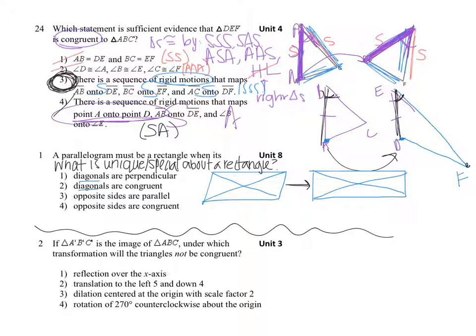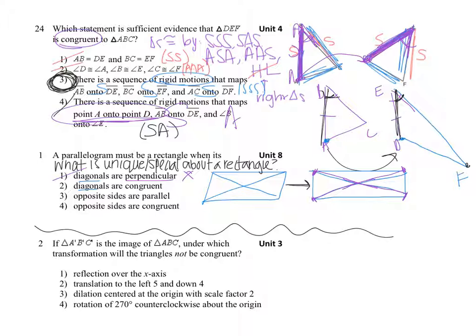So the first one says the diagonals are perpendicular, meaning where they cross, they should make right angles. When I look at the diagonals and where they cross, they clearly do not make right angles. So that's definitely not true of a rectangle. The next one says that the diagonals are congruent. So from here to here must be congruent to the other set of diagonals. So that looks like it might be true.